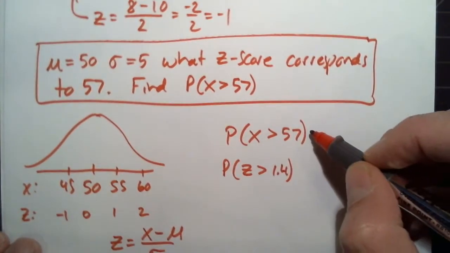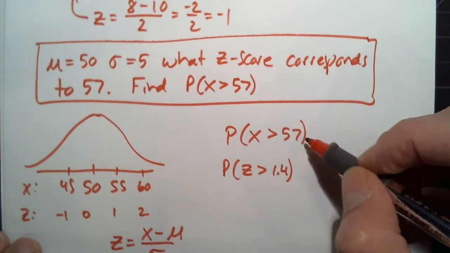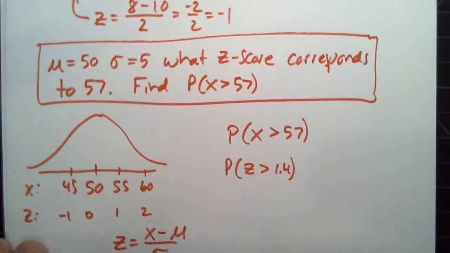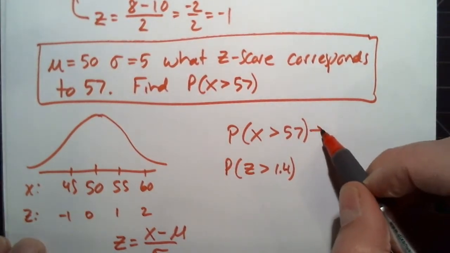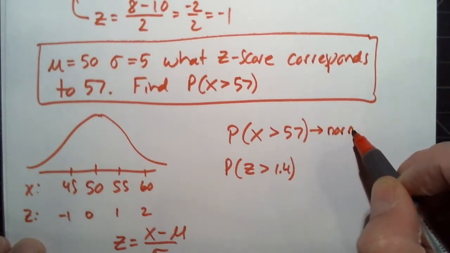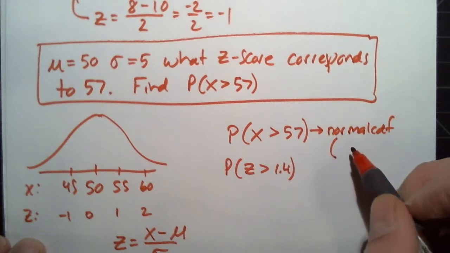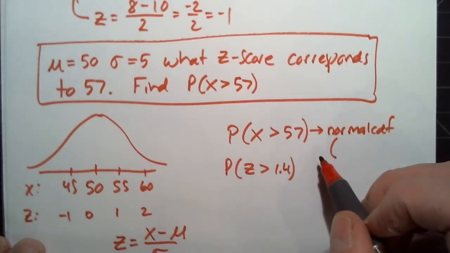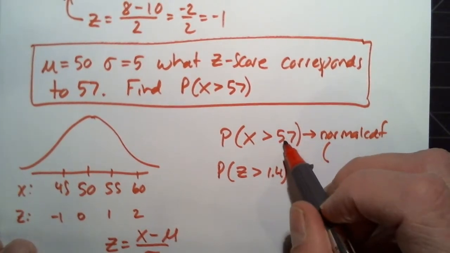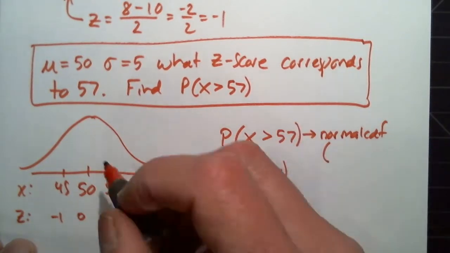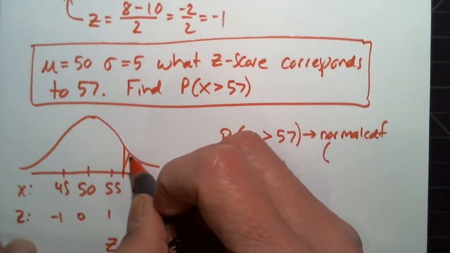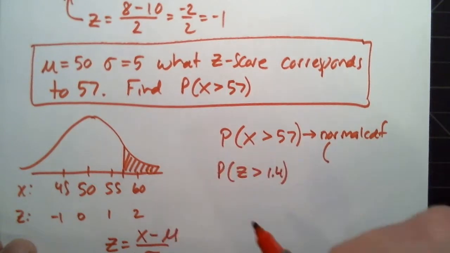But with a calculator, we can just type this in. Let's do that. So to do this, we have normal CDF, and then it's going to be the boundaries. It's going to be x greater than 57. So if we have 57 here, we want to go greater than that.